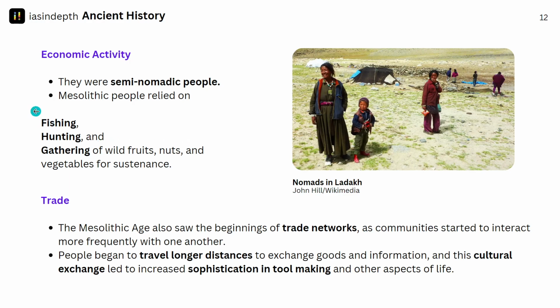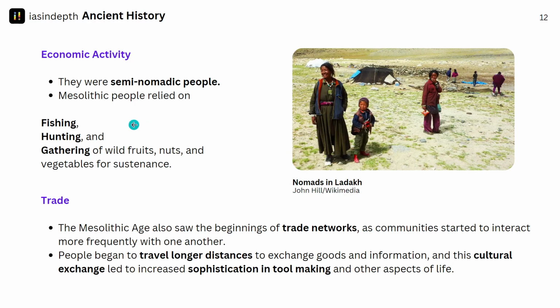There were people who relied on fishing as well as hunting. That's why they are known as semi nomadic. They also relied on hunting, not only fishing, not only agrarian activity. They also started to gather wild fruits. We cannot say that they had a fully agrarian economy, because agriculture came into existence only during the Neolithic period.